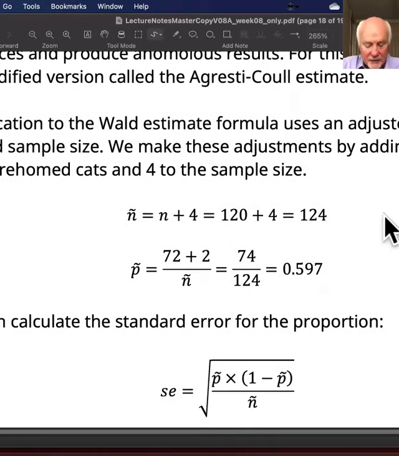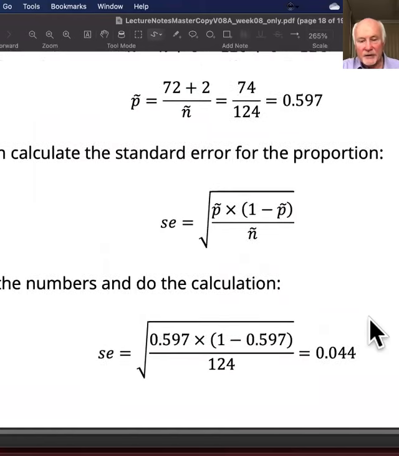The convention is you represent these adjusted versions by putting a little squiggle, a tilde it's called, on top of the sample size and the proportion symbol. The adjusted sample size is n plus 4, so that's 120 plus 4, which is 124. And the adjusted proportion is 72 plus 2 over 124, so 74 over 124, 0.597. That's the adjustment. Once you've made that adjustment, you then just do the calculation.